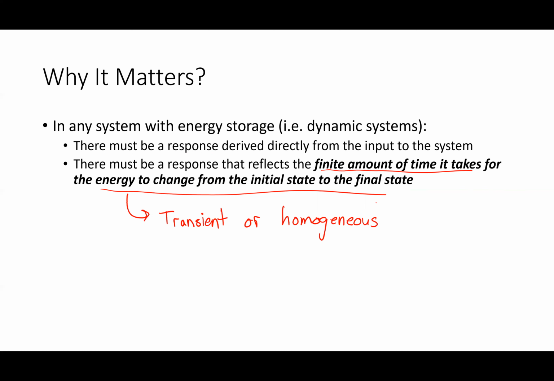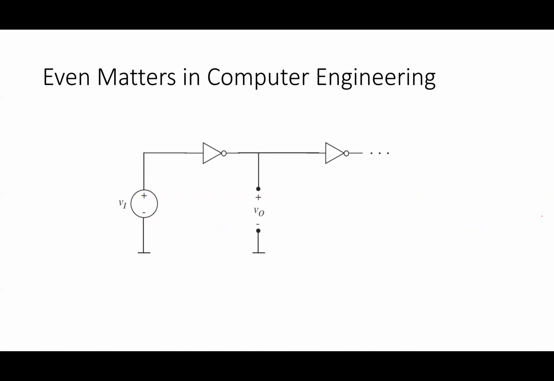And I think your book calls this the characteristic response. All of those kind of mean the same thing. Characteristic, because what that response looks like is defined by the parameters in the circuit. It's characteristic of the circuit. And there's always going to be a response that comes directly from the input. That one's usually the easier one to figure out. So this stuff matters in any real system, even in computer engineering.